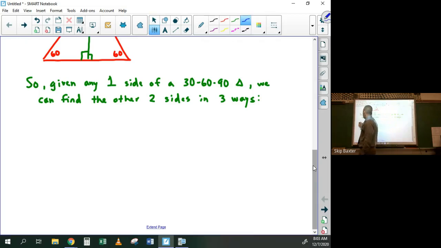So the first way, just like before, way number 1, is using the Pythagorean theorem.